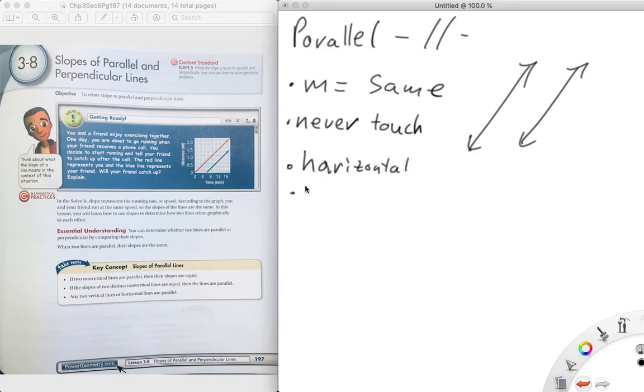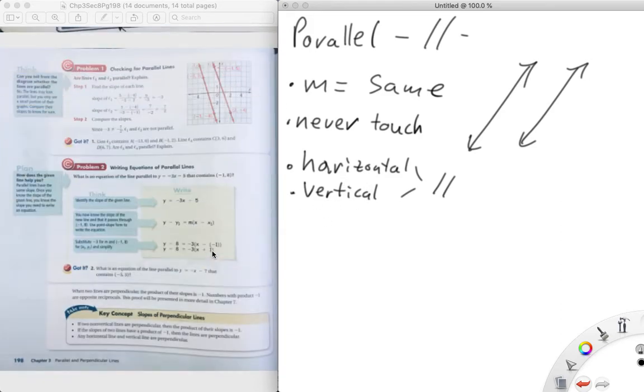Any two vertical lines are parallel. These guys are always parallel. They'll never touch each other. Alright, parallel lines have the same slope, they never touch each other. Horizontal lines are parallel. Vertical lines are parallel.